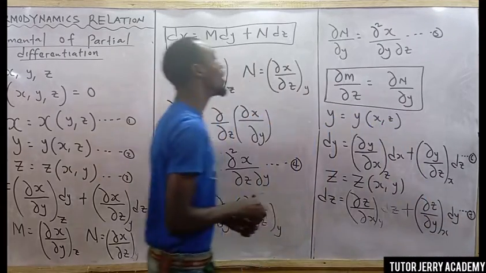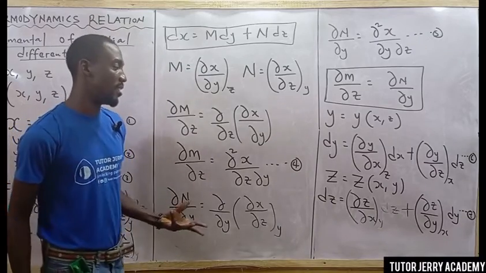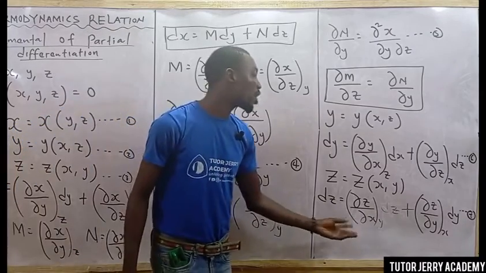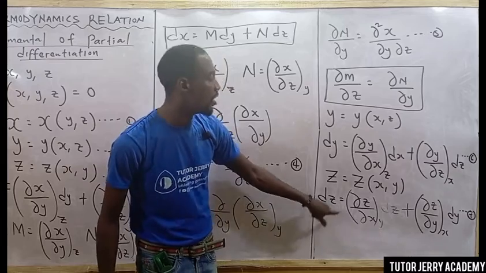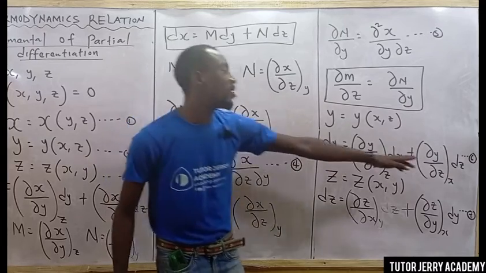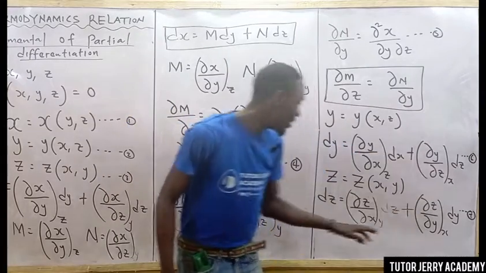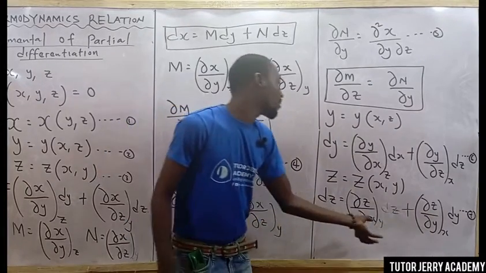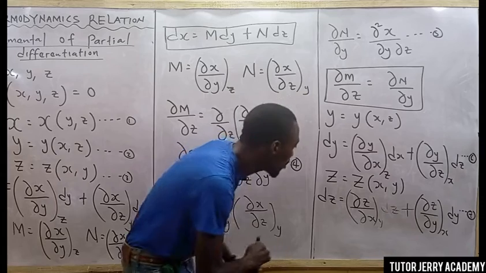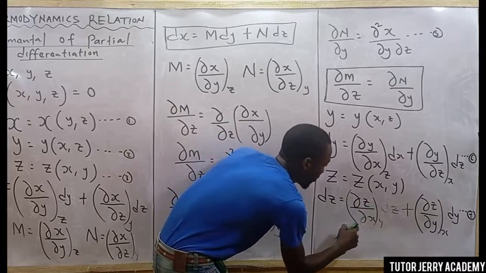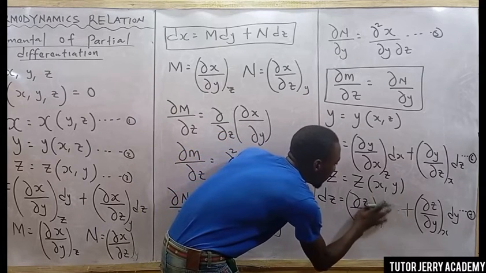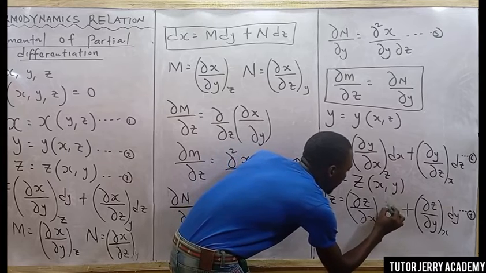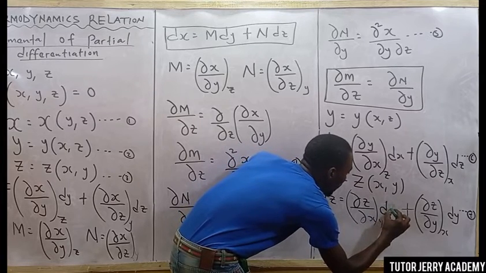All right, so now the next thing we are going to do is substitute equation 7 into equation 6, since we have the z here, and we said z is equal to everything we have here. This one is supposed to be the x, not the z.